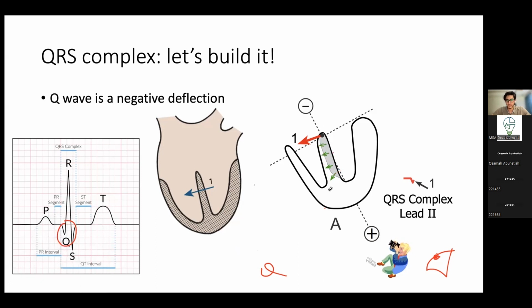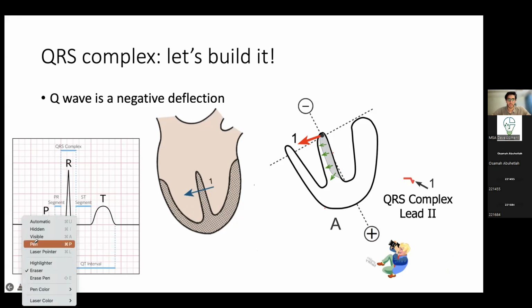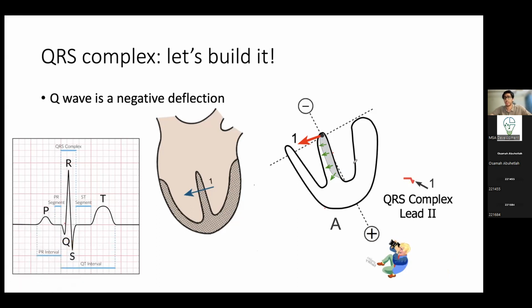All right. So when we start ventricular depolarization, first of all, we have to depolarize the interventricular septum. And the interventricular septum depolarizes from the left to the right side. So if this is the septum, and we add up the waves of the electrical signals, they're going to point in this direction.